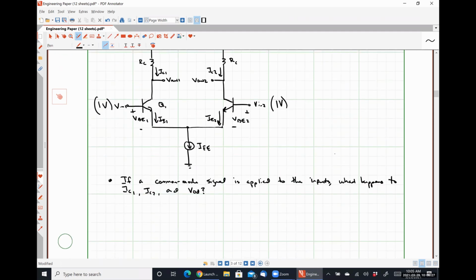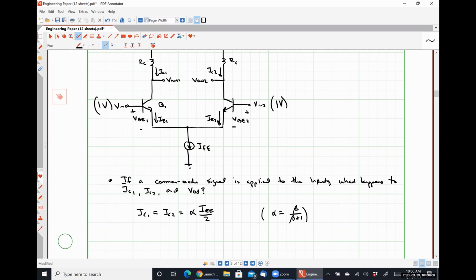So IC1 will be equal to IC2, which will be equal to alpha times IEE over 2, where, just as a quick refresher, alpha is beta over beta plus 1. I'm just taking into account the fact that my emitter current is a little bit larger than my collector currents.